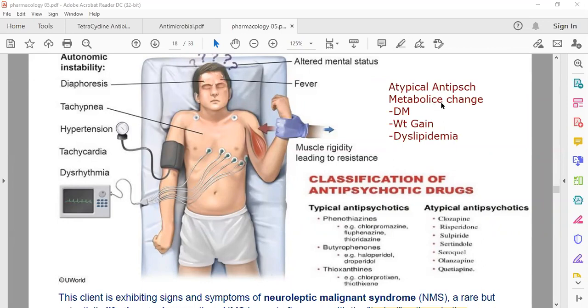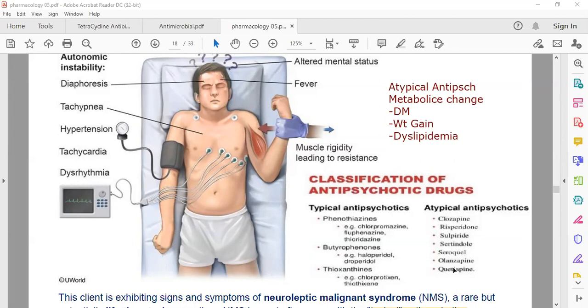They develop metabolic changes, like diabetes mellitus, weight gain, and dyslipidemia, so cholesterol goes too high. So if your patient takes risperidone, clozapine, olanzapine, or aripiprazole, we monitor blood sugar level, body weight, and also cholesterol.